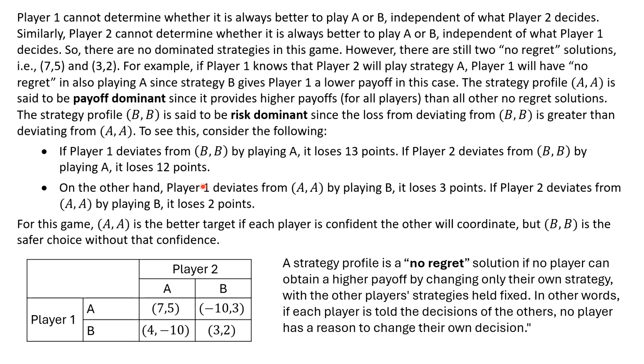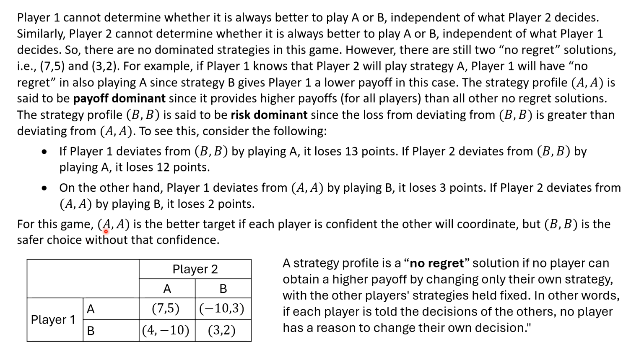On the other hand, if player 1 deviates from AA by playing B, it goes from 7 to 4, so it only loses 3 points there. And if player 2 deviates from AA by playing B, it goes from 5 to 3, so it loses 2 points.